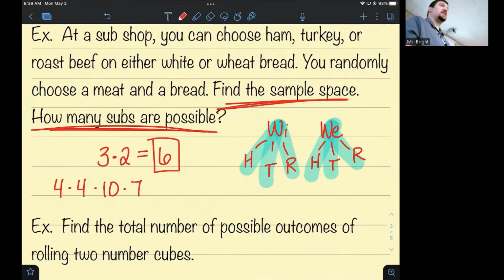Okay, so let's just say that we're going to increase our sub shop, instead of having 3 breads and 3 meats and 2 breads, to having 4 choices of bread, 4 choices of meat, 10 choices for veggie, and 7 choices for your sauce. That would increase our options from 6 subs to what? What's 4 times 4 times 10 times 7?